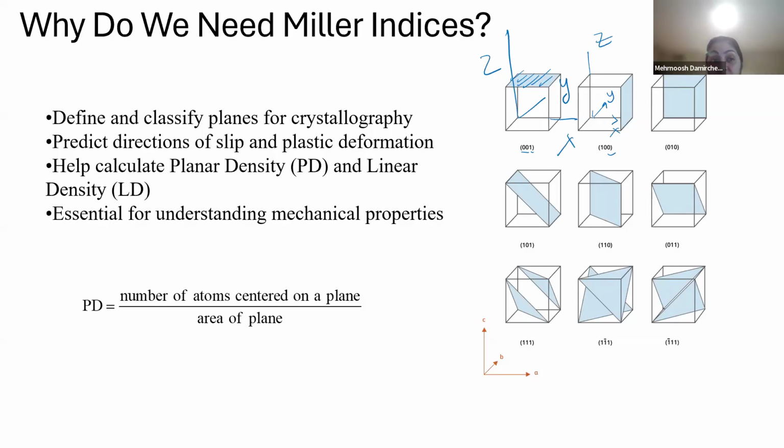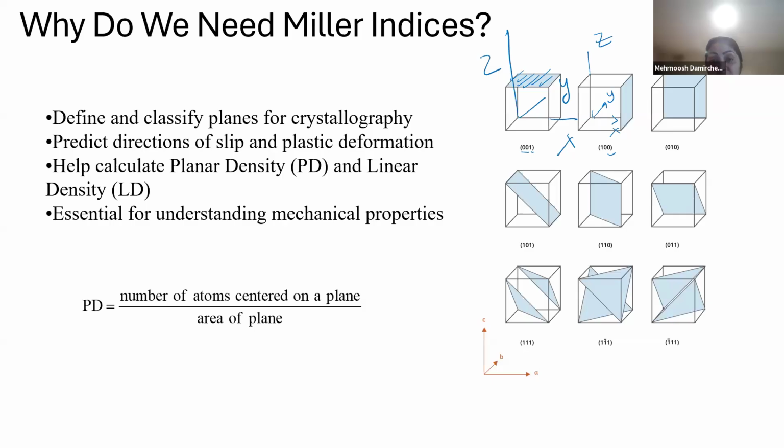In the next slide, I talk about that and relate slip and plastic deformation to planar density, or PD, that we have for planes, and linear density, or LD, which you can see in the previous video, where we calculated linear density. It is essential for understanding mechanical properties.